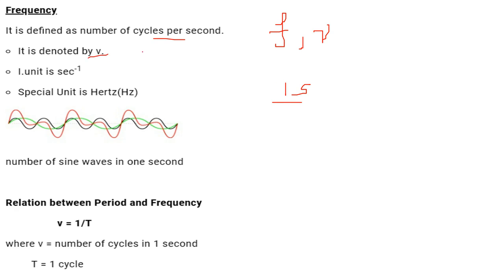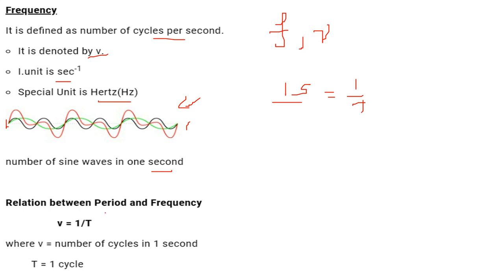We denote it by F or nu. The unit is per second because this is simply equal to 1 by time period. The unit of frequency is hertz, and if you take say a sine wave, then how many sine waves happen in 1 second is known as the frequency.